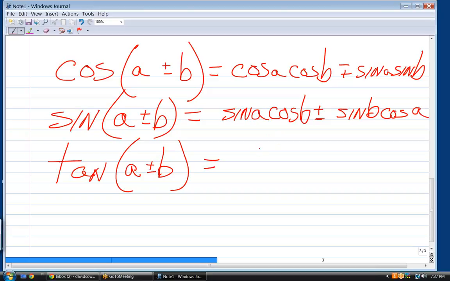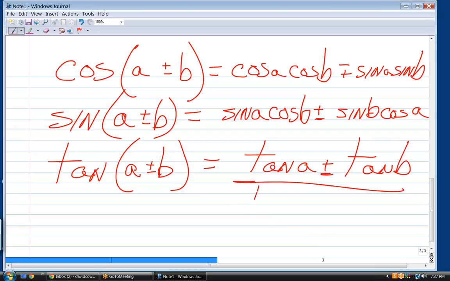The way we memorize it is the numerator looks exactly the same. The denominator has a 1 with the opposite sign, and the product is tan of A times tan of B.